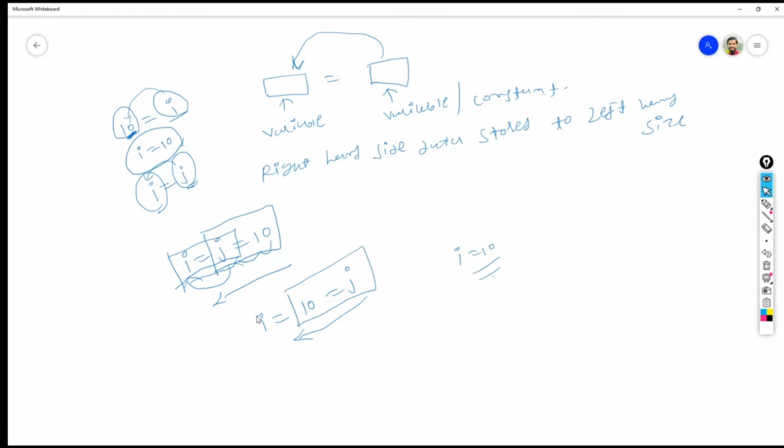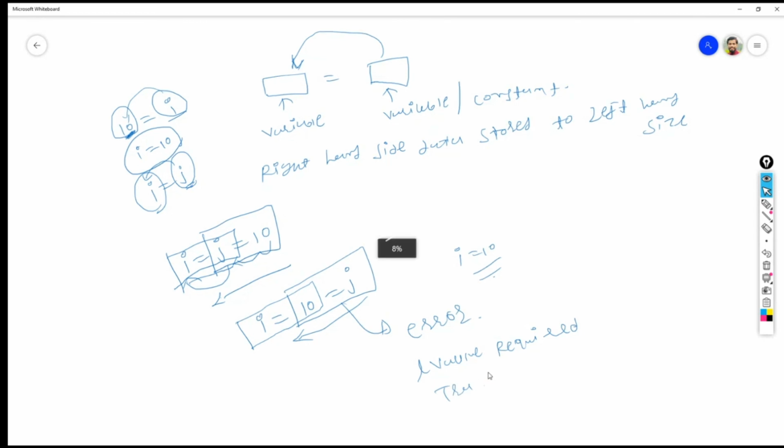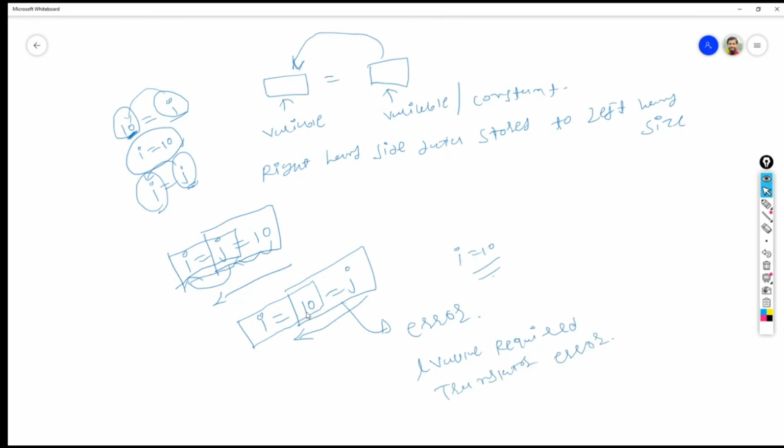It will see that, then after I is equal to 10. But 10 is equal to j is not possible, so here it will generate an error: L value required. L value required is a translator stage error at compile time. The translator will generate this error because we are trying to assign some value into a constant.